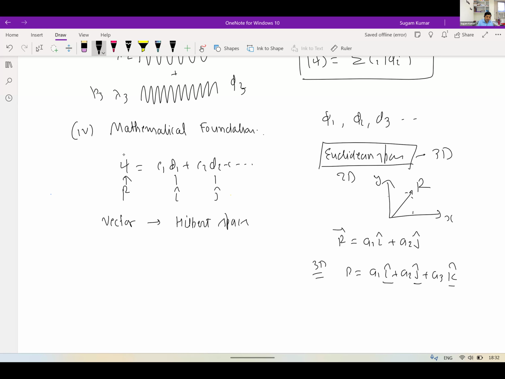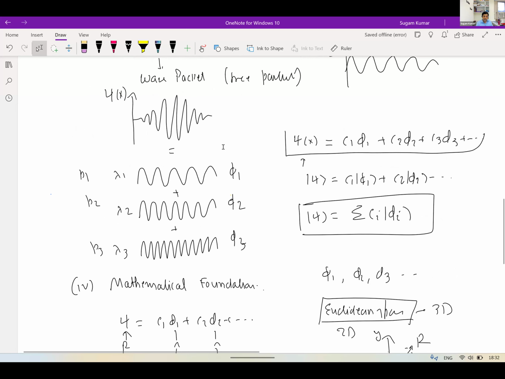We will discuss the concept of linear algebra a little bit here, because without understanding linear algebra, it will not be easy for us to do or understand quantum computing. I will go in a very smooth, sequential manner: how quantum mechanics arose from the black body, then how de Broglie said that matter waves exist, and this matter wave can be represented for a free particle like a wave packet, which can be written as a superposition of these phi 1, phi 2, phi 3.